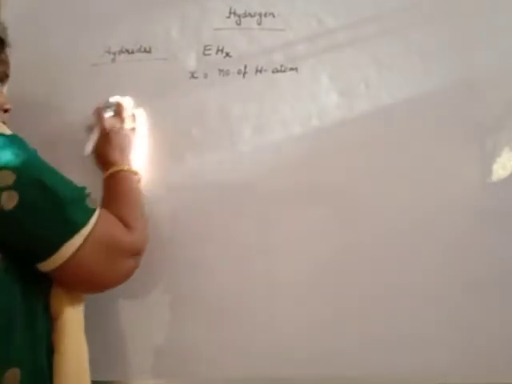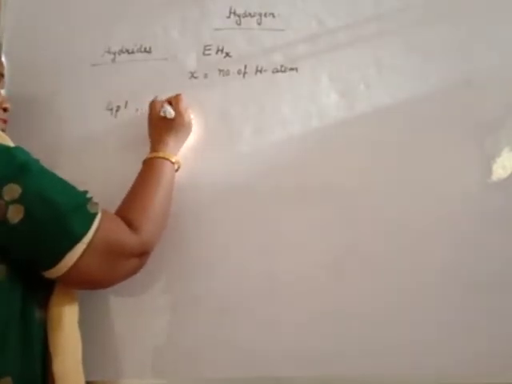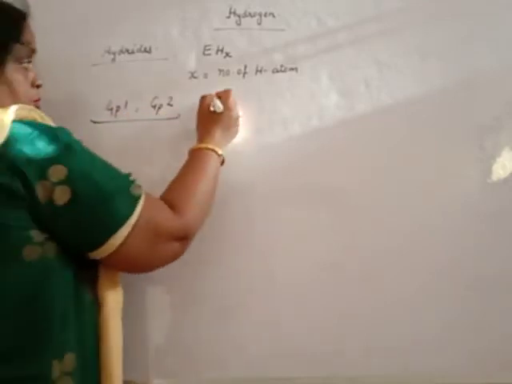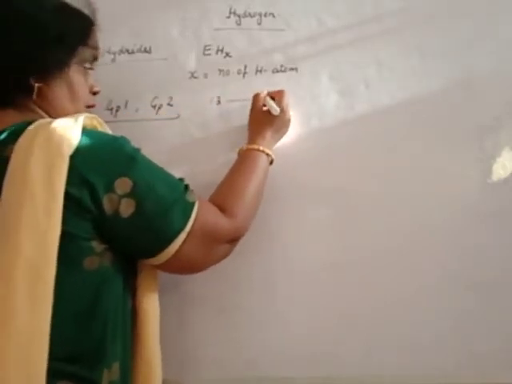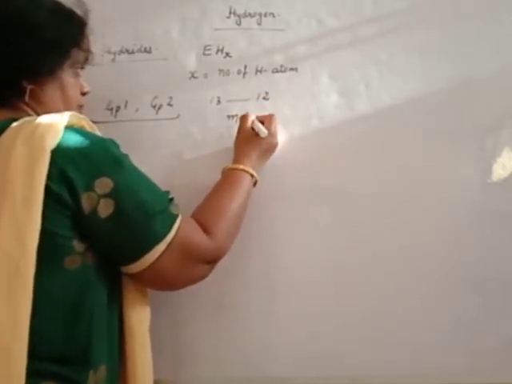In our periodic table, group 1 and group 2 elements are metals. Groups 3 to 12 are also metals.